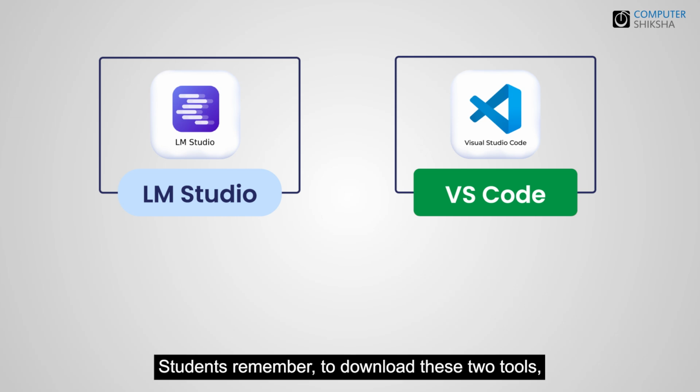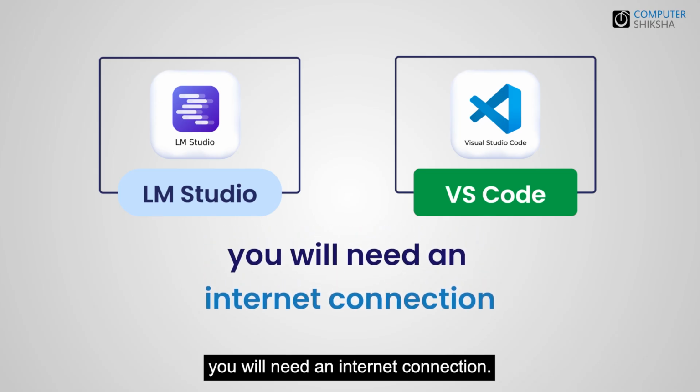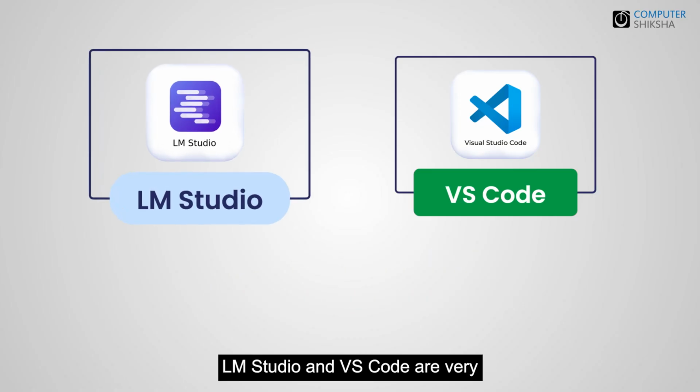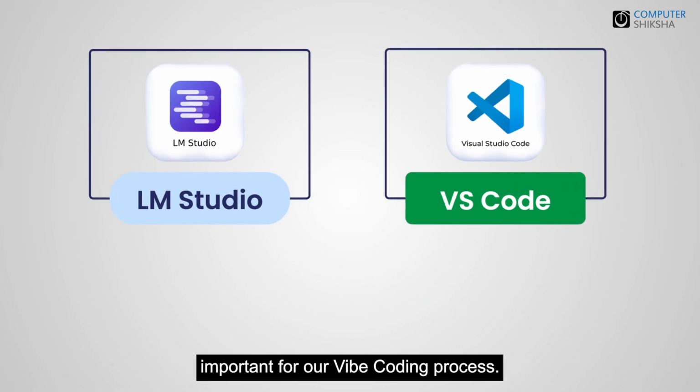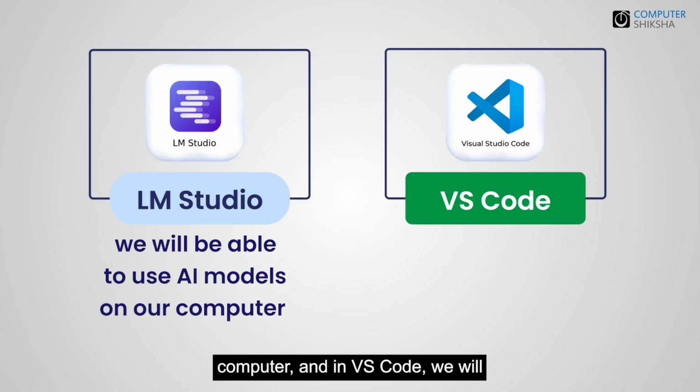Students, remember, to download these two tools, you will need an internet connection. LM Studio and VS Code are very important for our vibe coding process. With the help of LM Studio, we will be able to use AI models on our computer.